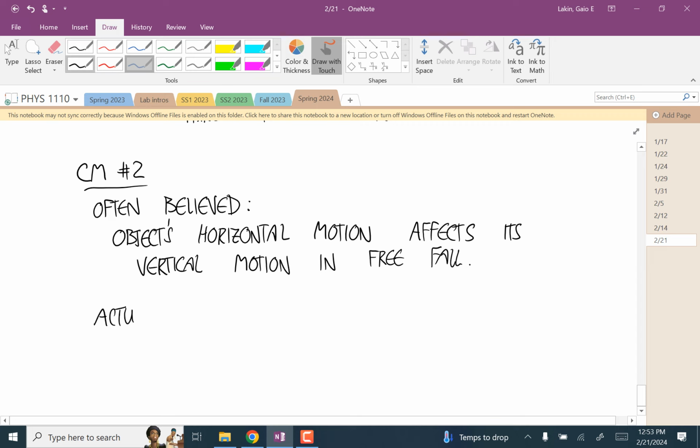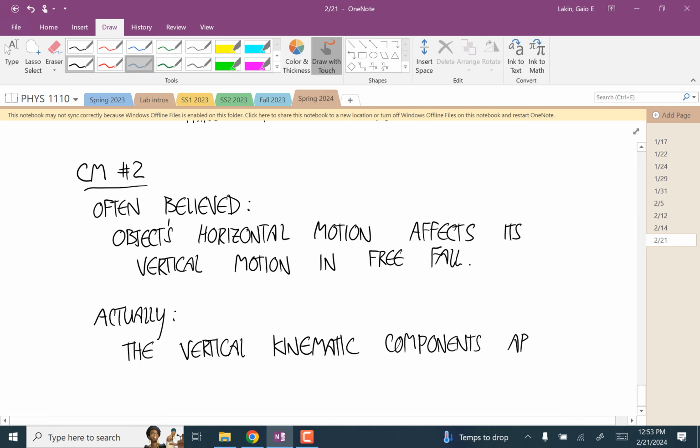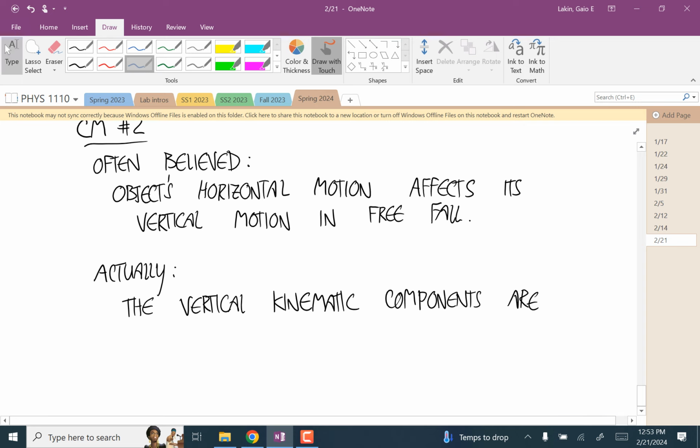The fact is, so let's say actually, the vertical kinematic components are unaffected by the horizontal components.